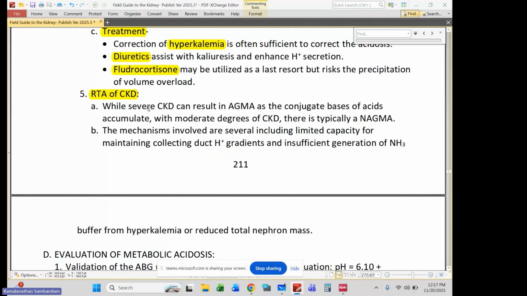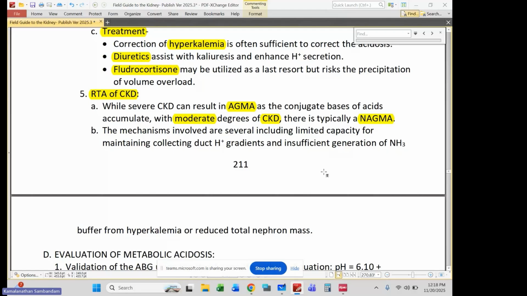So in general, we would say that more moderate degrees of CKD have this phenotype of non-GAP metabolic acidosis. Once you get to CKD5 or CKD4, that's when you start to see a broadening of the anion gap as sulfates and phosphates accumulate. So typically in these severe CKD patients, we don't measure sulfate, but you'll see hyperphosphatemia that coincides with this elevation in anion gap.